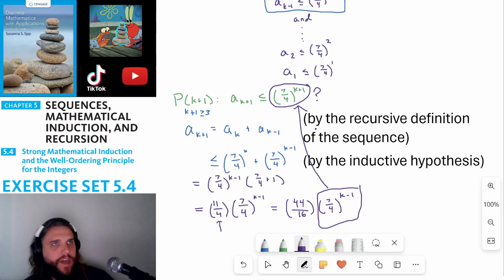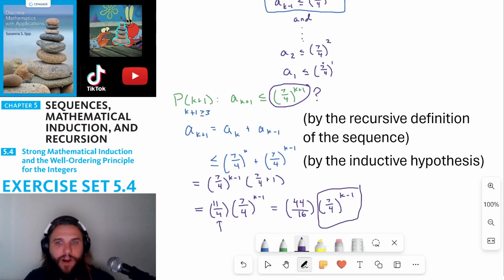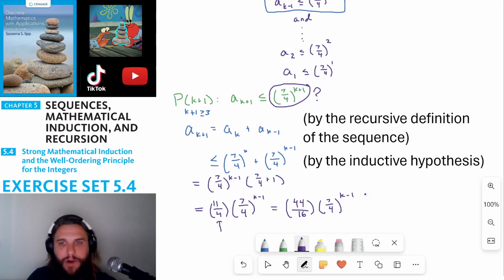In order to do that, I need to absorb two factors of 7/4. I need to absorb a 7/4 into this expression, and then I need to absorb another 7/4 into this expression. Let me show you how I'm going to do that with this 44/16. That might seem like it's coming out of nowhere, and hopefully you'll see why this unsimplification of this fraction is going to actually help us solve this problem.